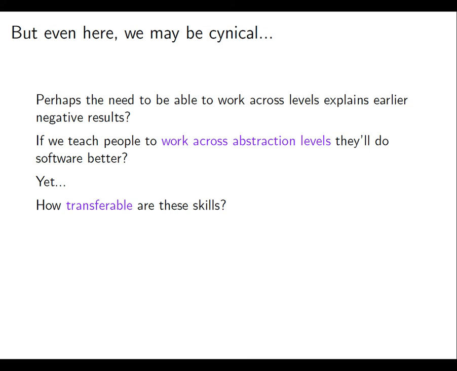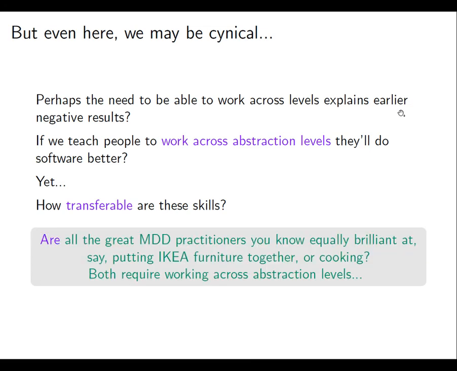But I think even here we can justifiably be quite cynical, because if that were really going to work, then it ought to be the case that these kind of skills of working across abstractions are highly transferable and indeed highly transferred. So it ought to be the case that people who are good at working across multiple levels of abstraction in one kind of task setting are also good at it in another task setting. And actually I don't think this is right.